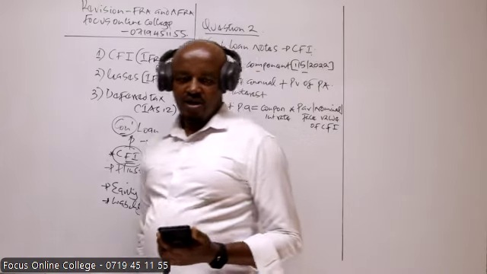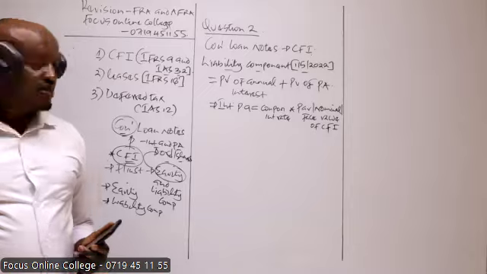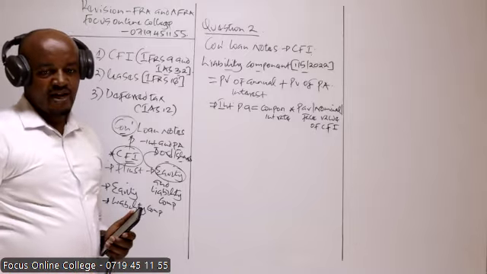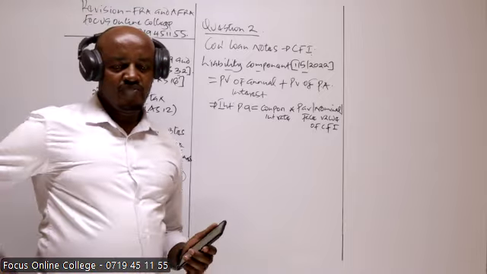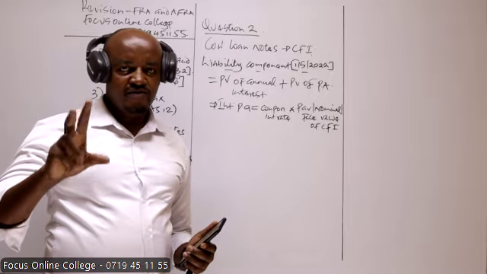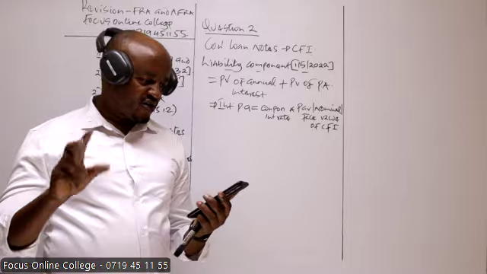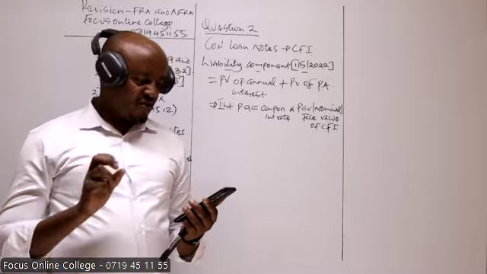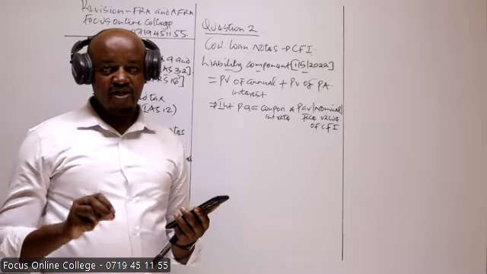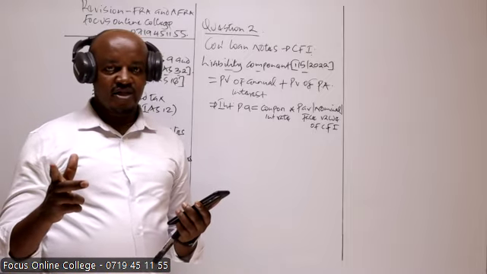Now, in this case, what I've said is that to compute the interest to be paid by our company on annual basis, we basically have to take the coupon interest rate and multiply that with the par value, the nominal or the face value. I'm saying if you check on the information given in this question, we have two interest rates.